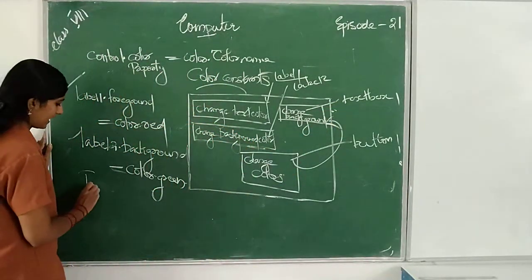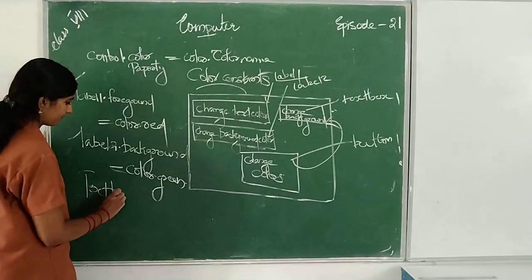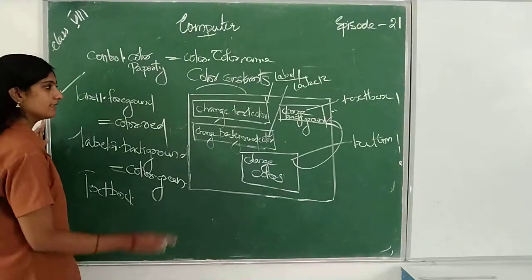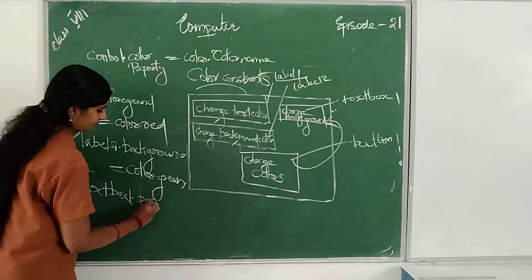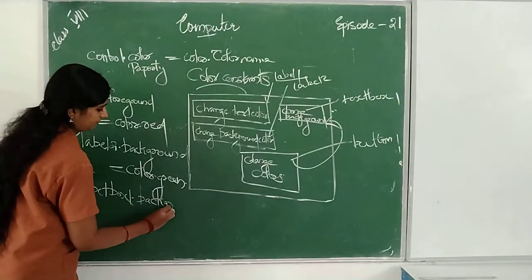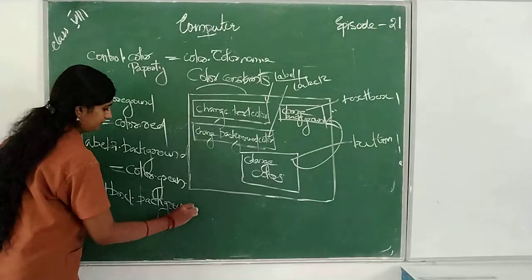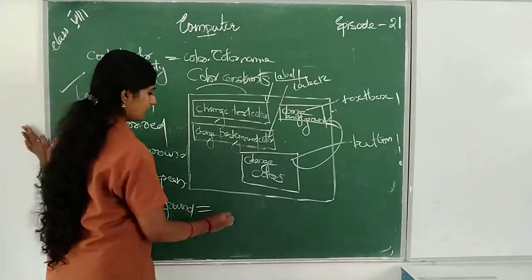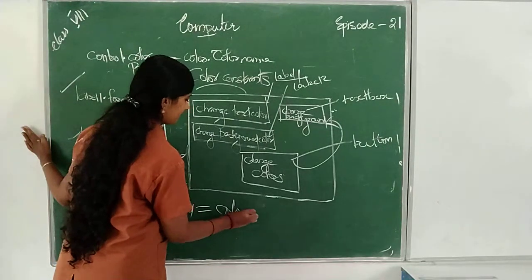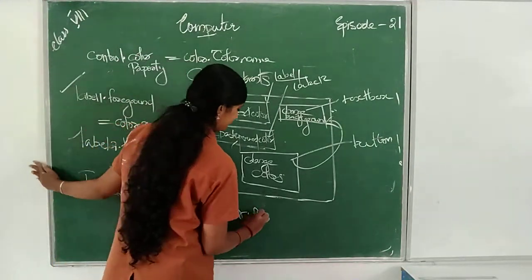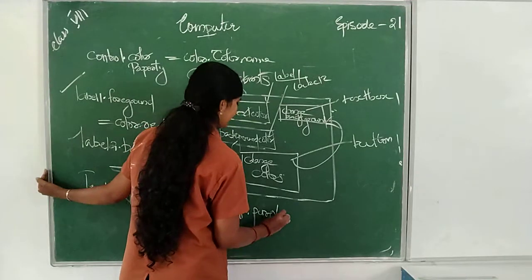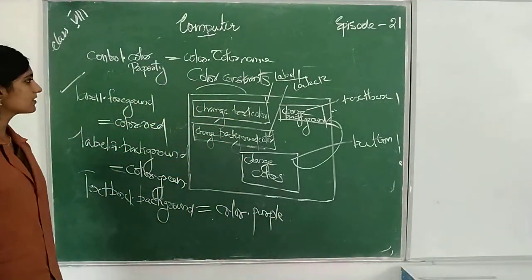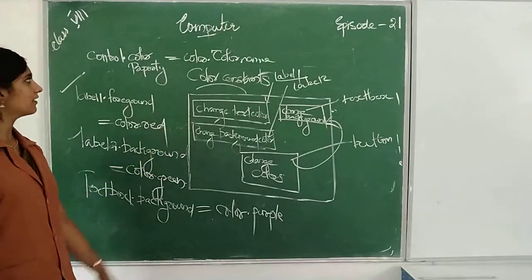So text box 1 dot background equal to color dot purple. Which color? Purple.